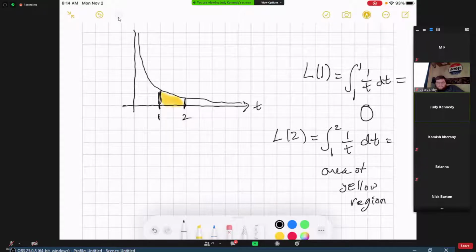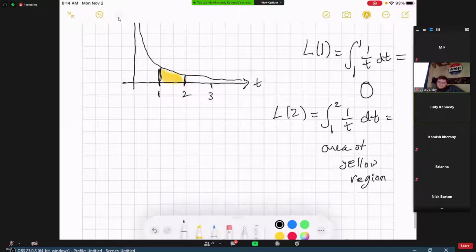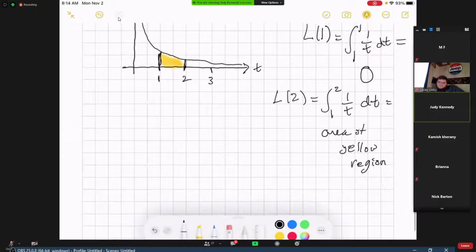Okay. And if I take L of 3, that would be the integral from 1 to 3 of 1 over t dt. That would be the yellow region plus, I'll color it red.